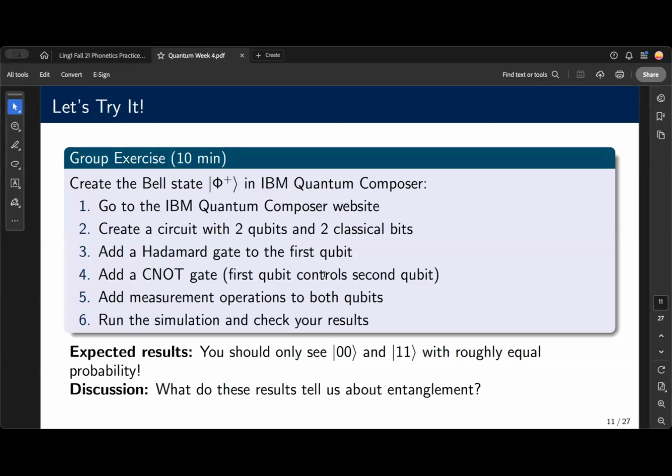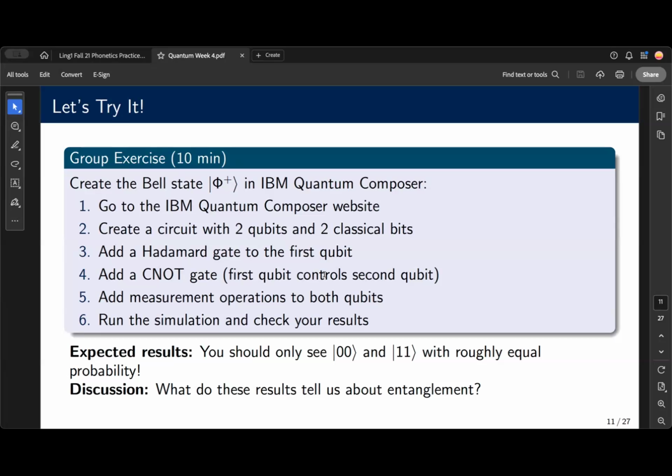Let's discuss at 37, so 2 more minutes before I try to do it myself. It's been a while since I used the composer too, but it should be easy. And before, I think you probably said we actually have shown 4 possible Bell states, and this only implements one of them.